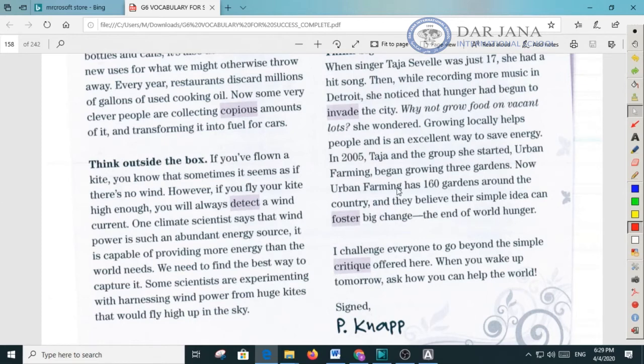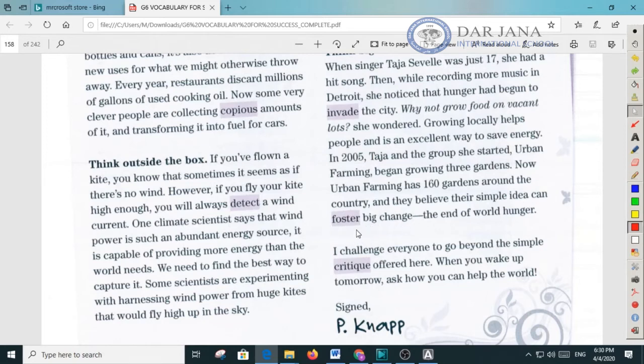What's the meaning of foster? In 2005, Taji and the group she started, Urban Farming, began growing these gardens. Okay, so they're promoting greens. They're promoting gardens. Now, Urban Farming has 160 gardens around the country. Okay, that's good. There's an increase because of her aim to reduce famine around the country, and they believe their simple idea can foster big changes.